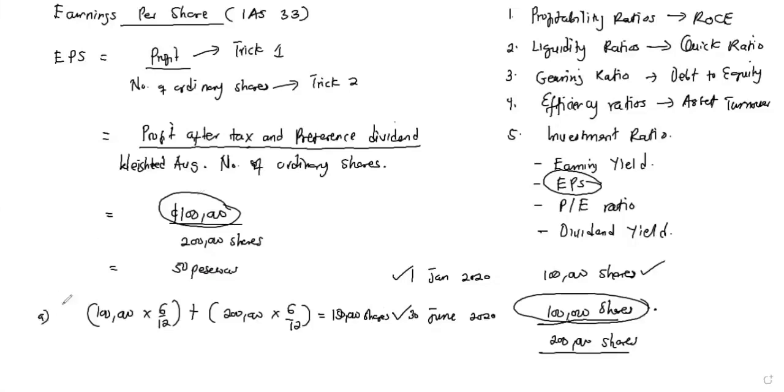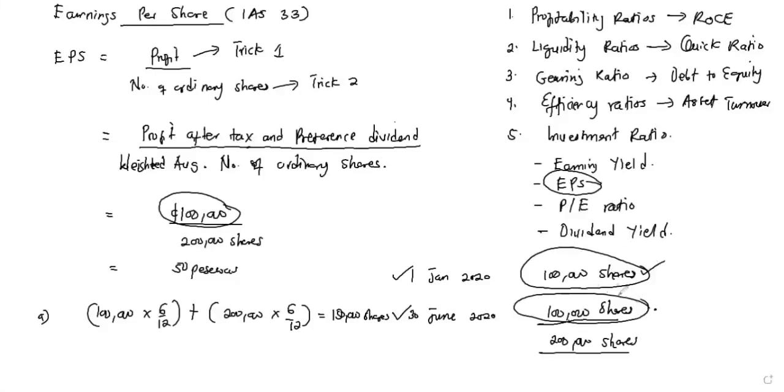Now, this is one approach in which you can calculate this. Someone can also say that this 100,000 lasted for 12 months. The 100,000 shares was there January, February, March, April, May, up to December.